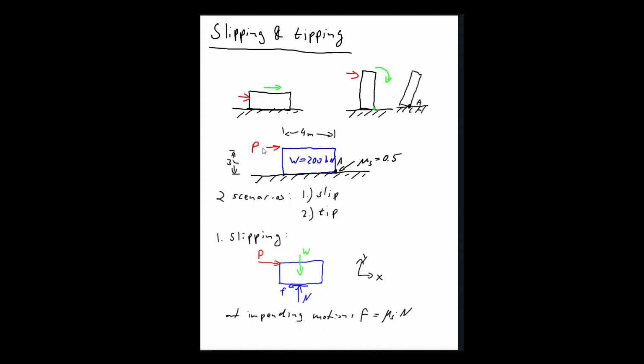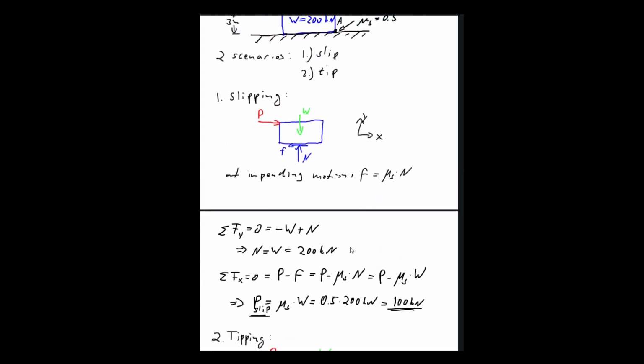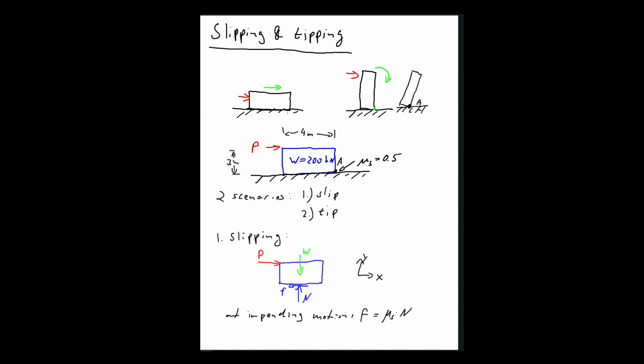As soon as I reach 100, the value for slipping, my box is going to start slipping. So I'll never get to 133 because my box is already slipping, and once it starts slipping, the dynamic friction coefficient is lower, so I'll need less force. So I don't actually get to the tipping point in this case.